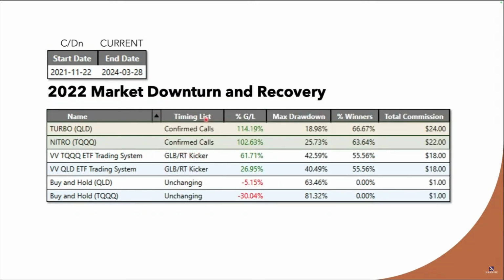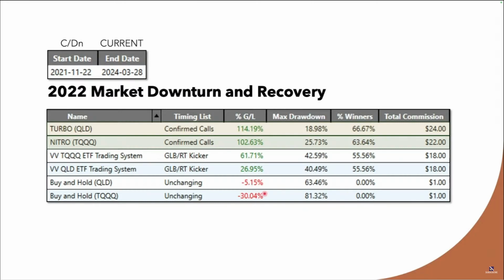So then the recovery, what happened? Well, Turbo actually outperformed Nitro. A double outperforming a triple, almost unheard of, but it's happened. And here's pretty normal, I would say, but the max drawdowns is what you're seeing during the 2022 times, but buy and hold are still underwater.